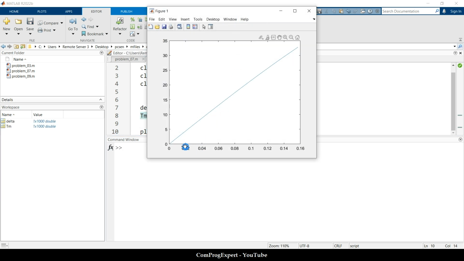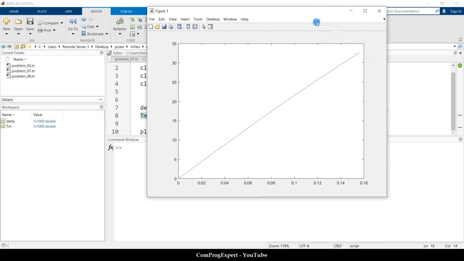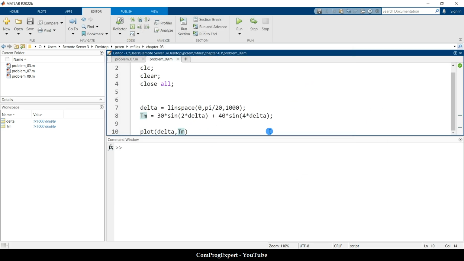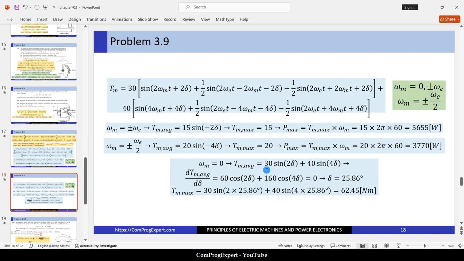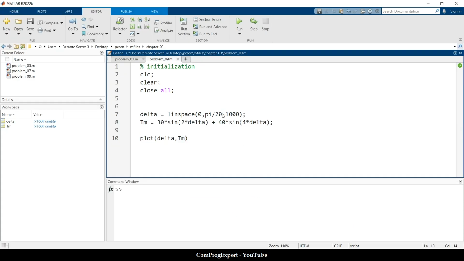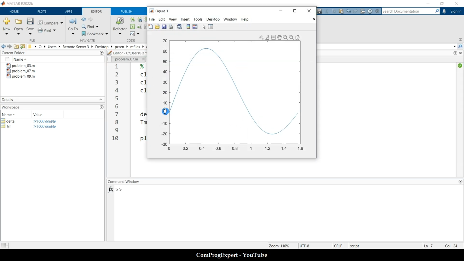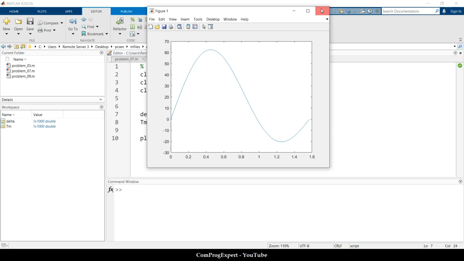Here, as you can see, we have this variation for the value of the torque. Let me check this expression again. Okay, here this is pi divided by 2. So yes, this is the developed electric torque.